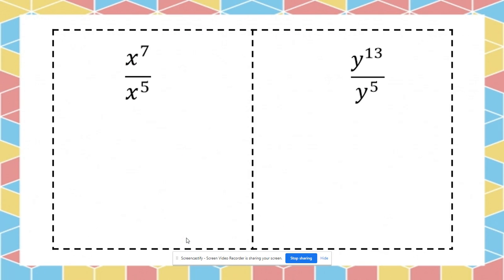So let's look at some examples. In this problem, we have x to the 7th divided by x to the 5th. You can always, just like with the product rule, write these out, expand them so that you can see them. So x to the 7th would mean 7 x's multiplied by each other. And then x to the 5th would be 5 x's.